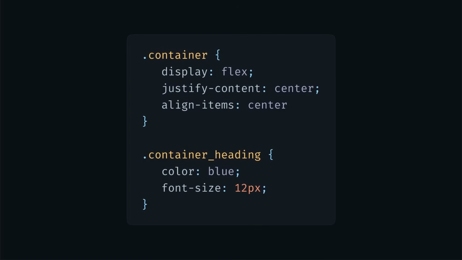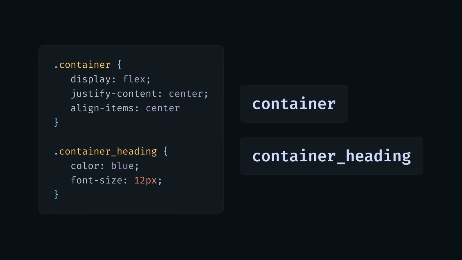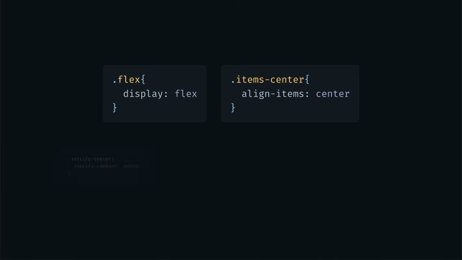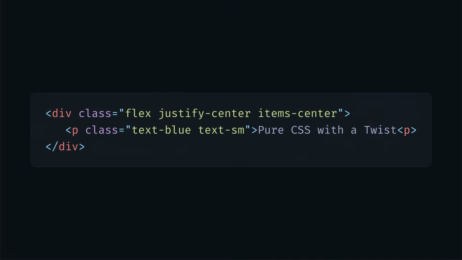And then we write the corresponding CSS, container and container-heading. These are, of course, CSS classes. Now, let's turn it up a bit. Let's create a class for flex, items-center, justify-center, text-blue, and text-small, and let's modify the HTML to use all of these classes.